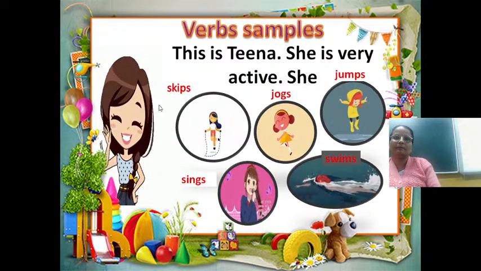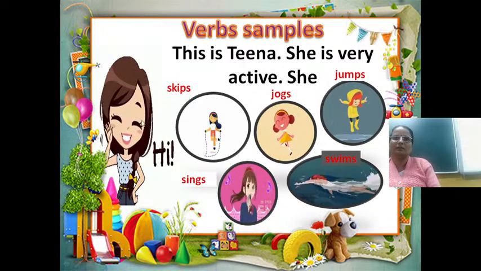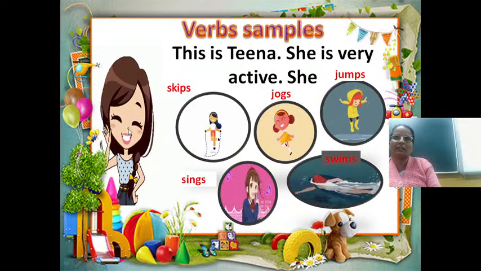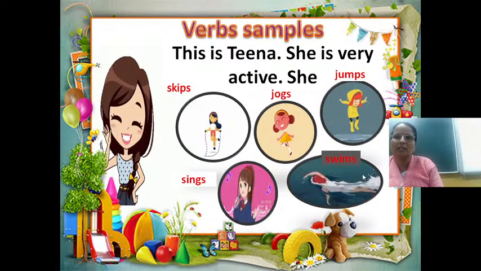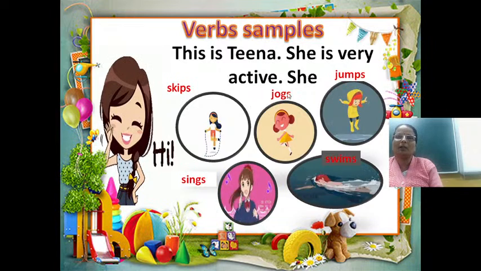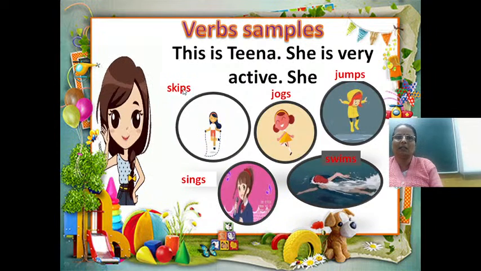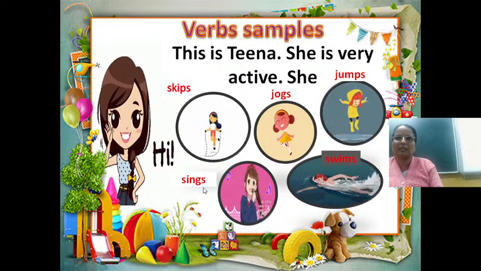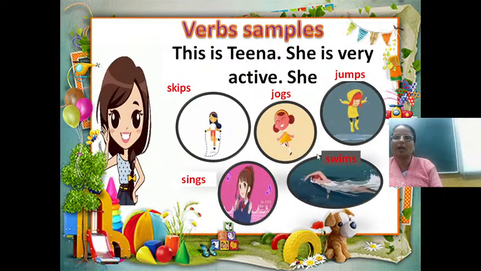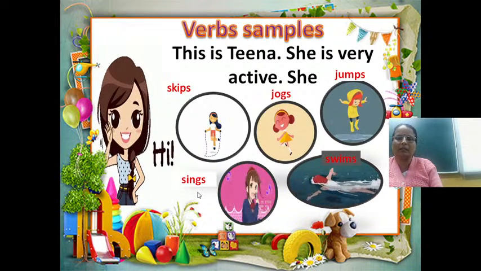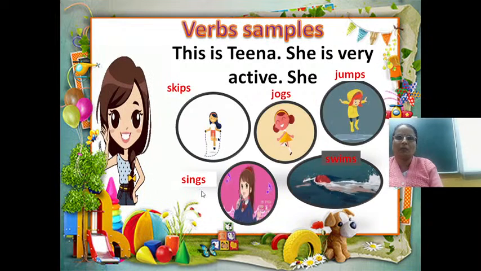Tina skips, Tina jogs, Tina jumps, Tina sings and Tina swims. These are all the actions which she does. So the words skips, jogs, jumps, sings and swims are action words. So we call all these words verbs.